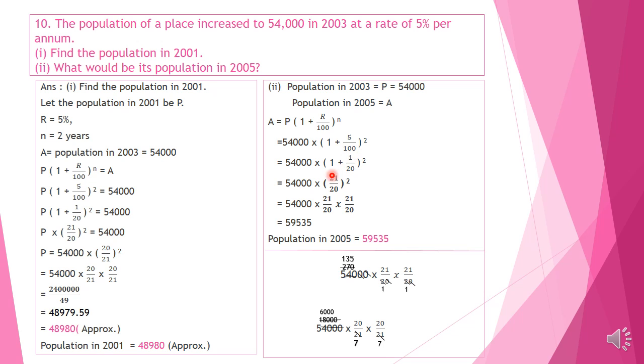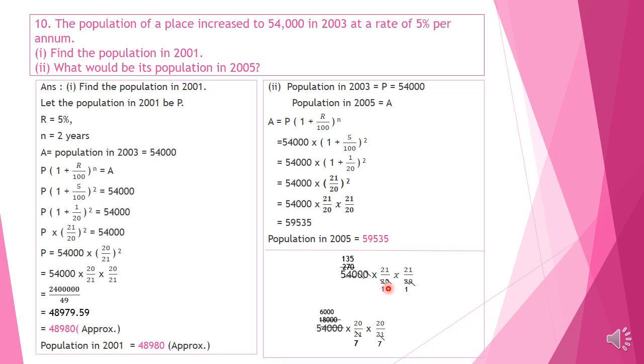And now simplification as we did in the previous part. 5 by 100 changes to 1 by 20. 1 plus 1 by 20 is 21 by 20. And 54,000 into 21 by 20 square. 54,000 into 21 by 20 into 21 by 20. Now here we have to simplify. This 20's 0, we cut with the 0, and again the second 20 is there, that 0, and 54,000's tens place 0 we cancel.